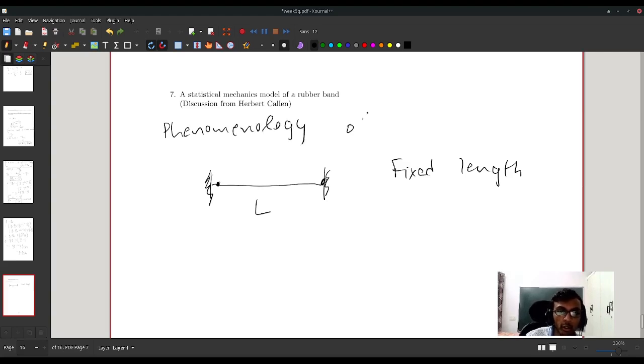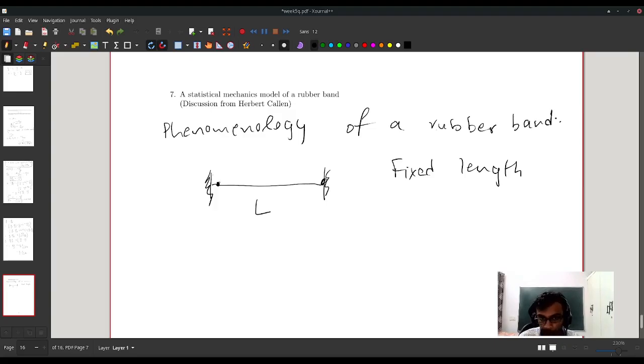This is a phenomenology of rubber band. What we know from experiments, what we observe, is that if you take a rubber band and tie this at some fixed length, stretch it tight at some fixed length, and increase the temperature of this rubber band.